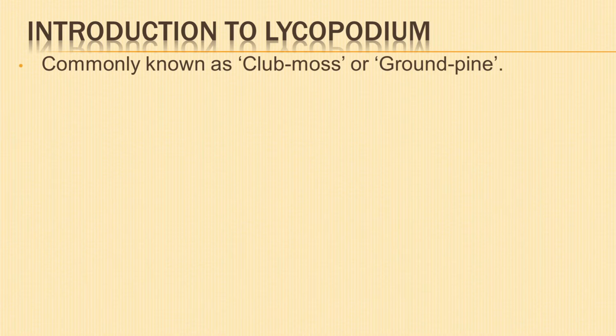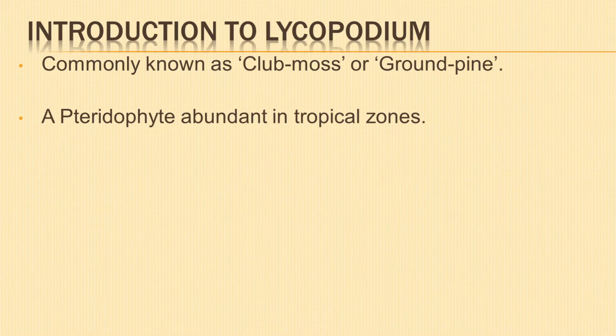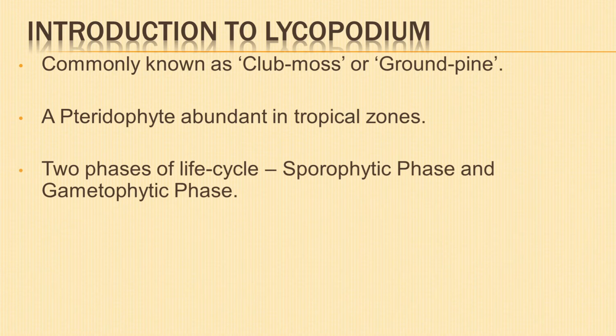Lycopodium is commonly known as club moss or ground pine due to its moss-like appearance and club-shaped strobili. It is a pteridophyte abundantly found in tropical zones. It has two phases in the life cycle, that is, sporophytic phase and gametophytic phase.